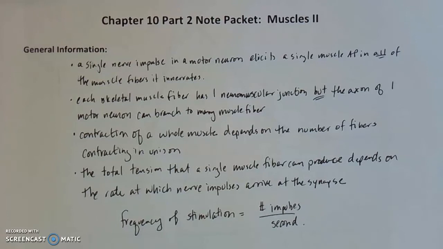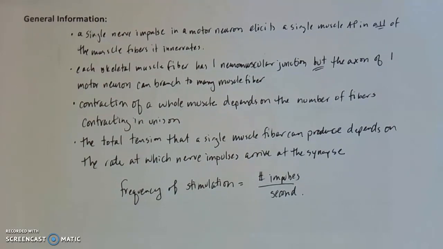So we can sustain contraction of a muscle, but that is related to how fast we can get the action potentials there, because a single nerve impulse elicits a single muscle action potential, and those impulses have to continually flow in order to maintain tension and contraction of that muscle.